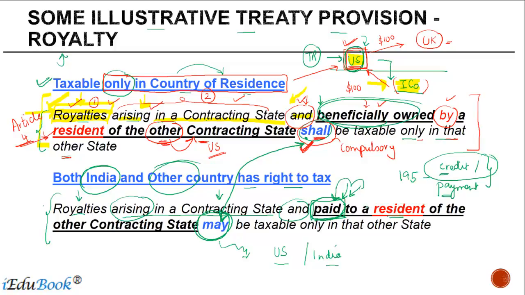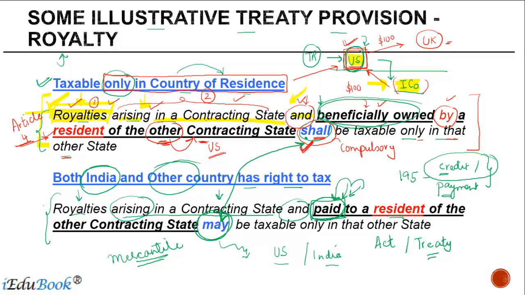Even otherwise, under the Income Tax Act, for a company and many forms of assessee, the taxation is triggered on the basis of mercantile system of accounting. Right? But we know that the provision of Act or treaty, whichever are more beneficial to the non-resident, should apply.